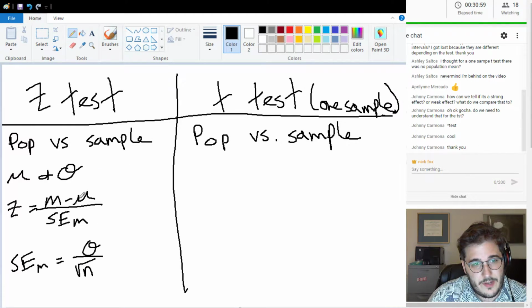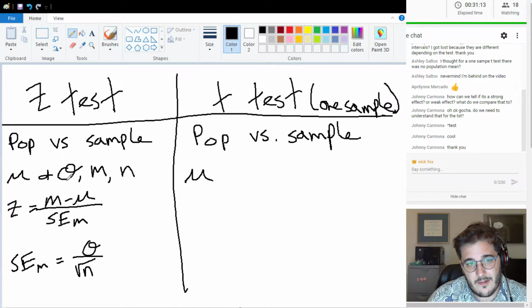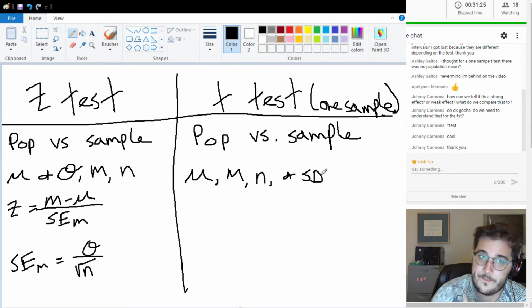So here's where you need mu here and you need sigma there. So you need mu and sigma. You also need M and you need n, right? So you need these sample parameters too. For a one-sample t-test, you need mu, you need M, you need n, and you need the sample standard deviation.